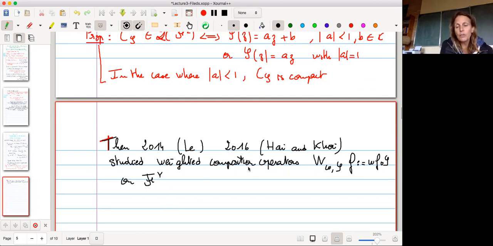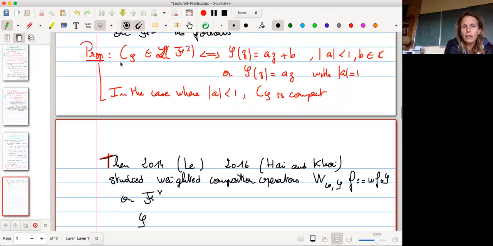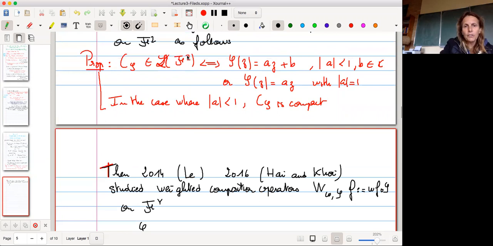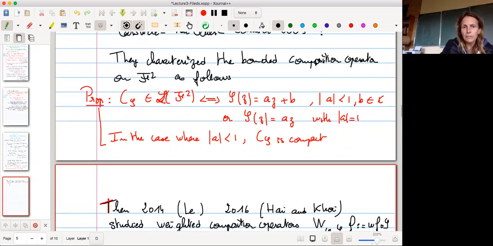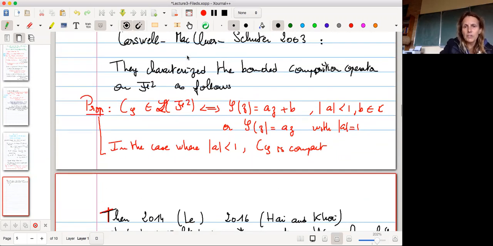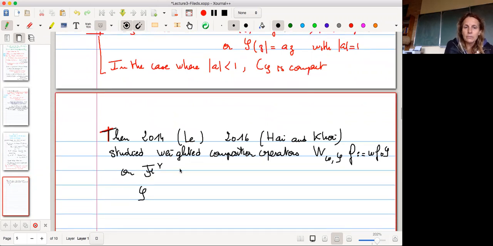And they proved, so they can characterize completely when this is bounded. And in any case, phi must be of the same form mentioned in the pioneering work of Carswell, MacCluer, and Schuster. So even for that, there is no choice.